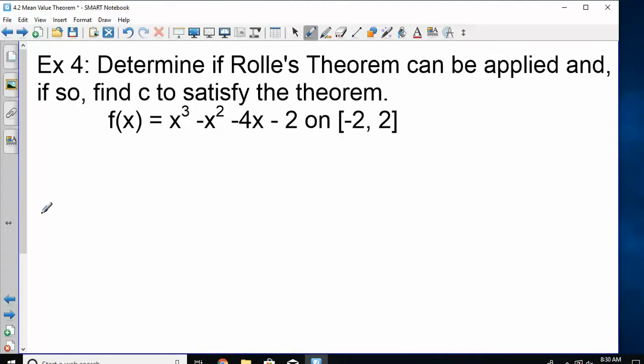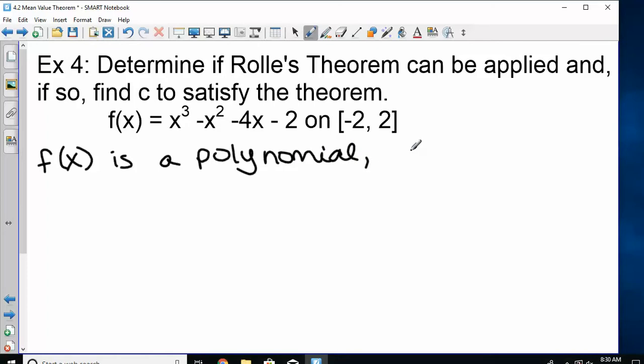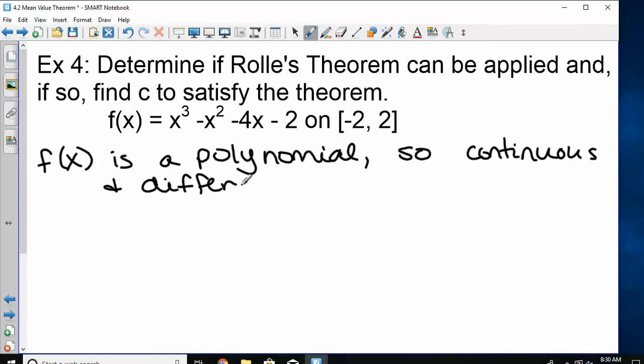So if it is a polynomial, you can tell me right away, f of x is a polynomial, so it is continuous and differentiable. And you don't really have to provide any justification for that other than telling me you recognize that it's a polynomial.